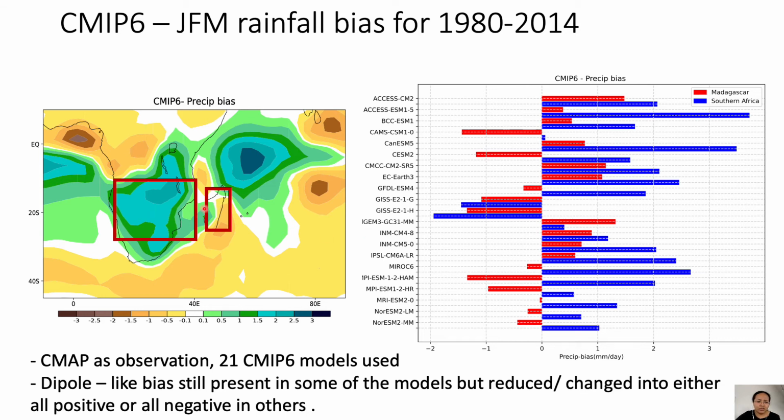Now, if I take these two boxes, one over Southern Africa and one over Madagascar, and look at the biases, that gives me this panel here. The red is the bias over Madagascar, and blue is the bias over Southern Africa. We can see that most models have a large positive bias over Southern Africa, except for GISS, but also most models have a large wet bias over Madagascar.